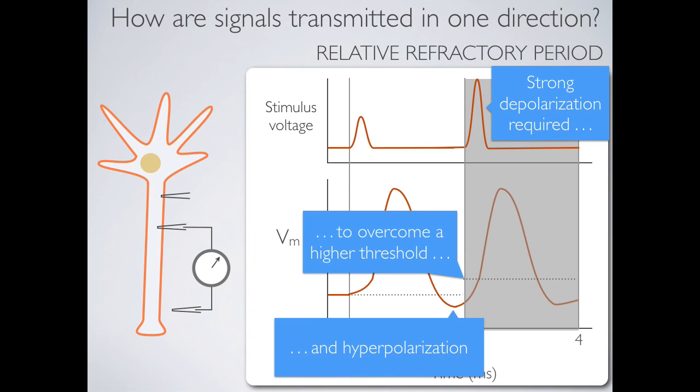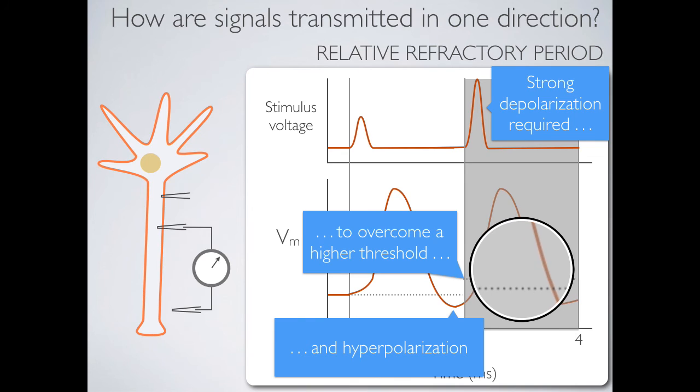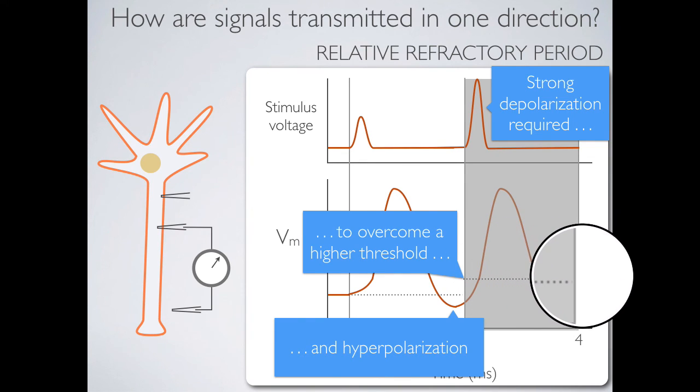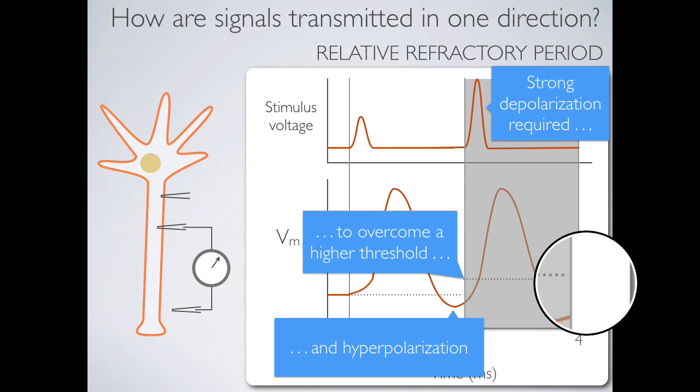Actually, this is drawn a little bit incorrectly because this threshold actually goes down over time. Here it's drawn as a flat line, but in fact, by the time you're at 4 milliseconds, it will have returned back to minus 55 millivolts, the standard threshold value. Does that make sense?